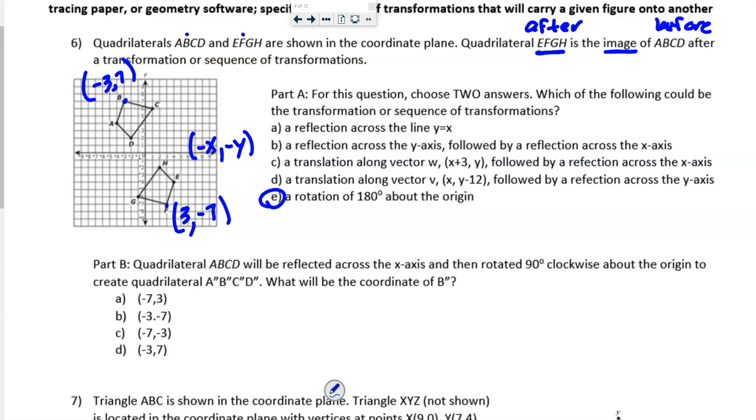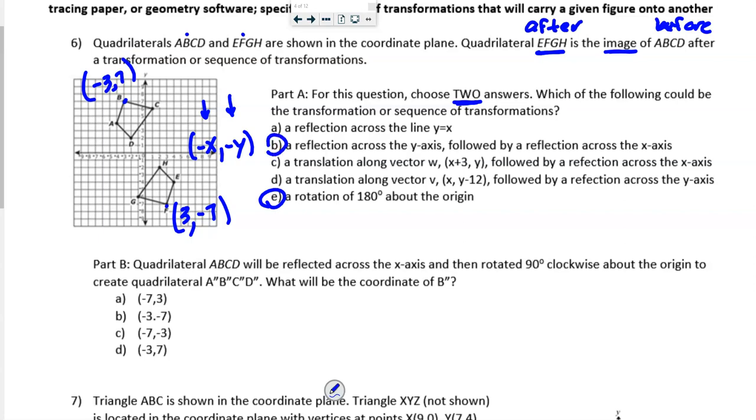But it says, for this question, choose 2 answers. Now, guys, on the final, if it says choose 2 answers and you don't, you're going to miss the question, okay? So, if you notice, if we just had this, it would be a reflection over y. And if we just had this, it would be just a reflection over x, right?